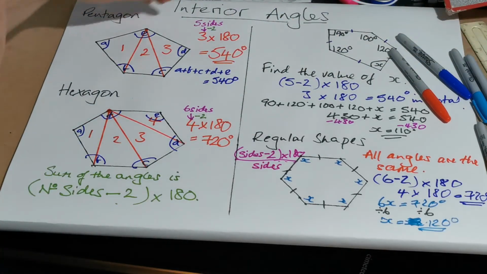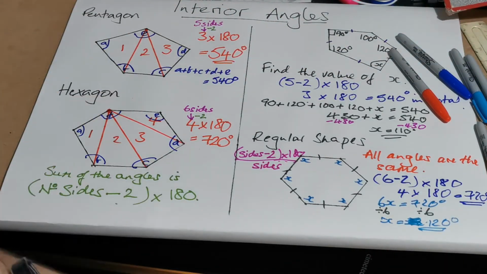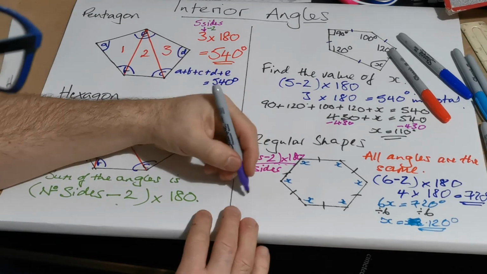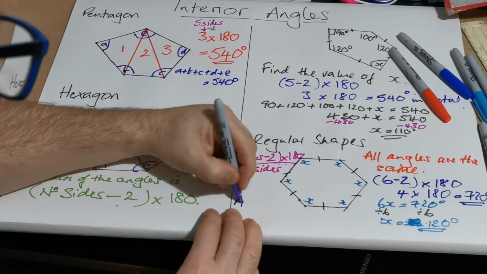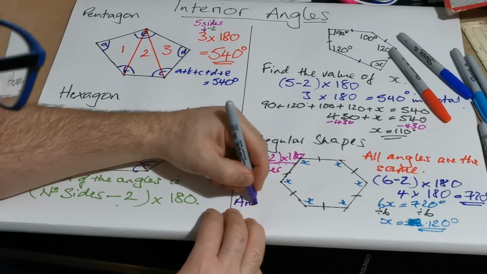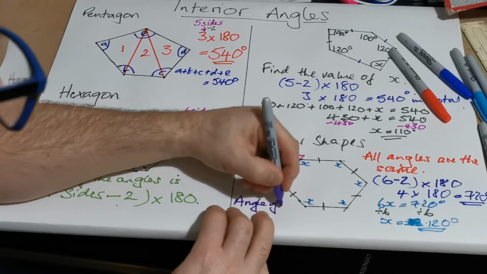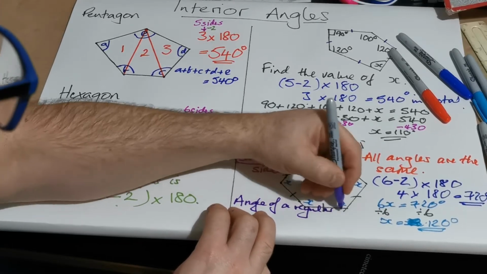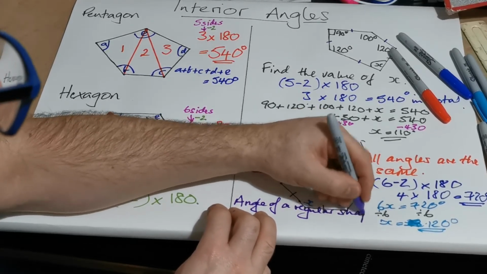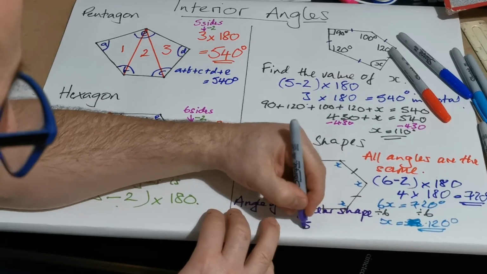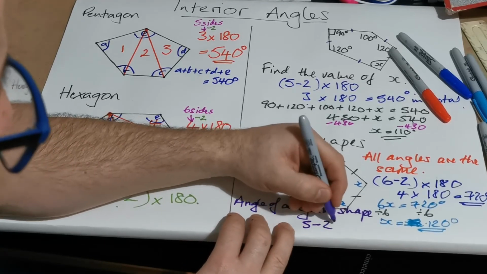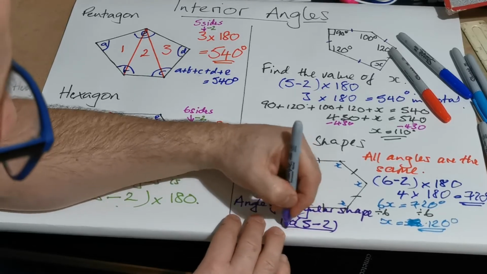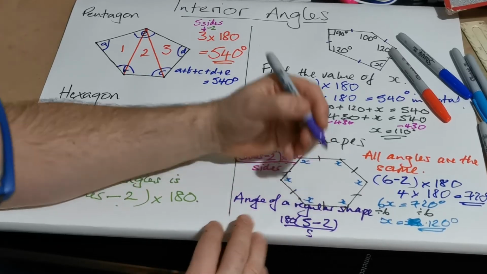I mean, we can neaten that up a bit as well, because we don't like using long words. So the angle of a regular shape would be sides take 2 times by 180 over sides again.